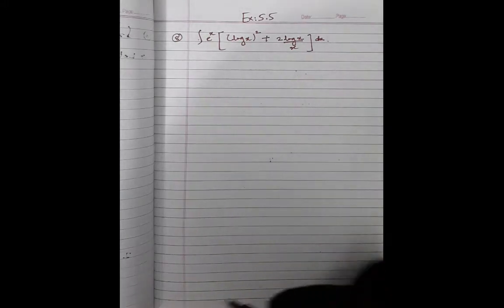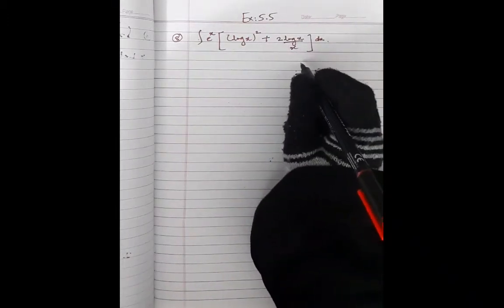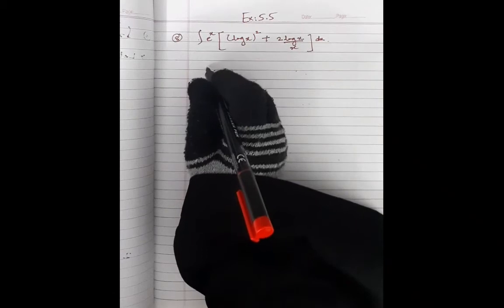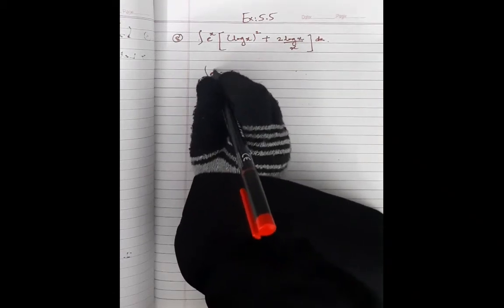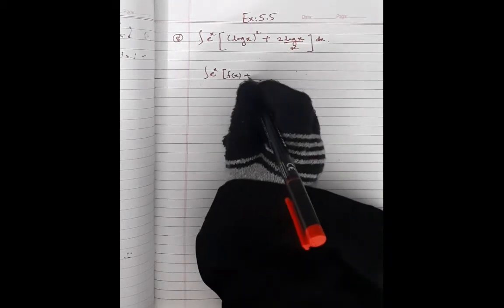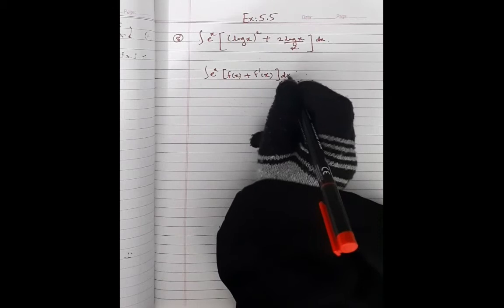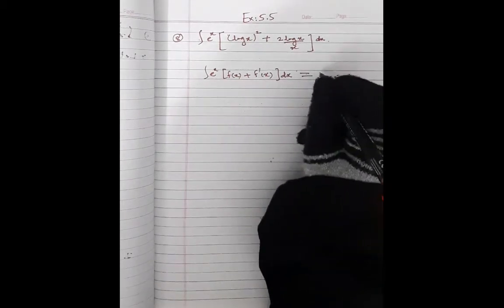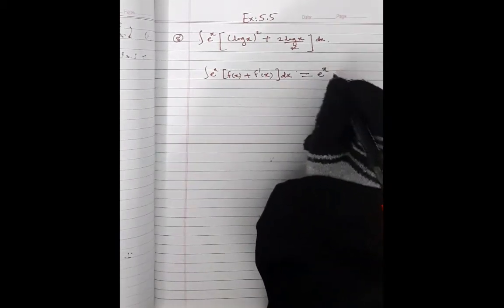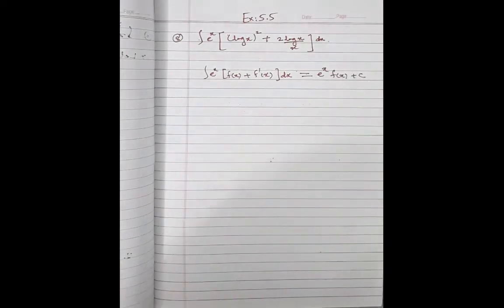The integral of e raised to x into f of x plus f dashed x, dx. What is this integration? This integration is e raised to x into f of x plus c.